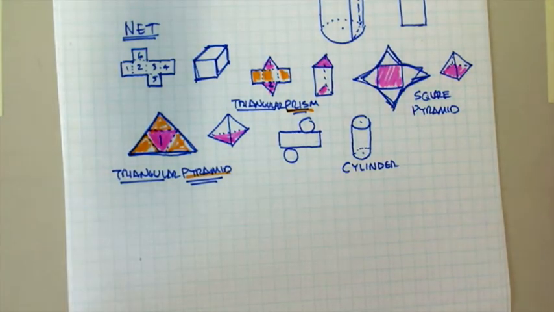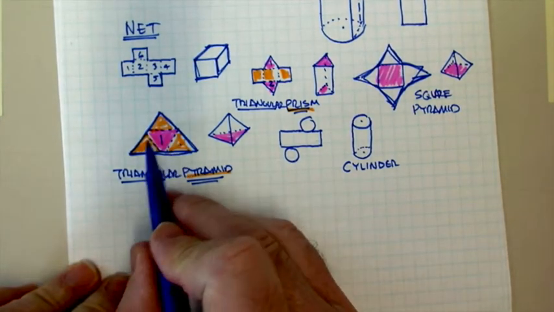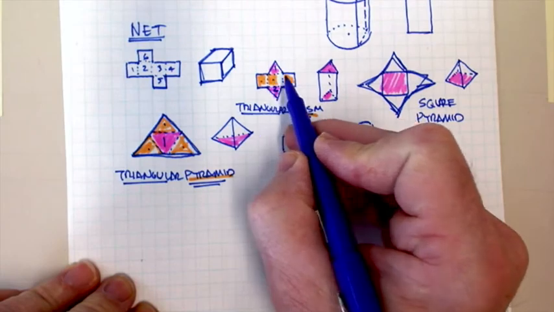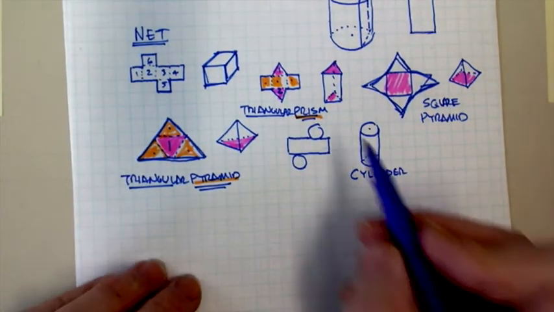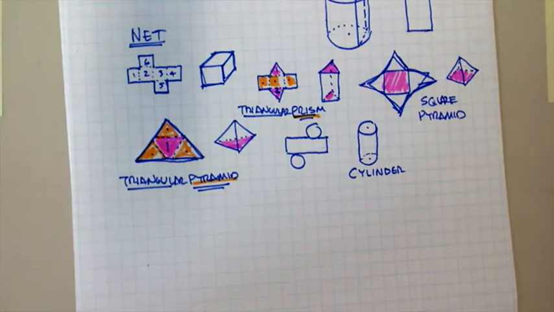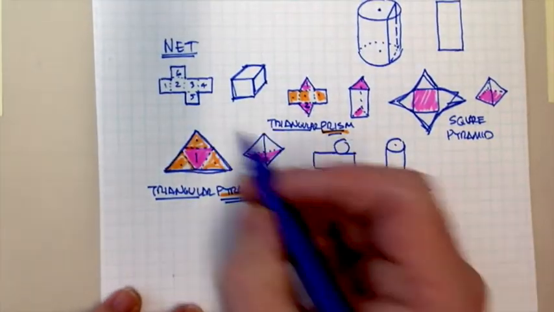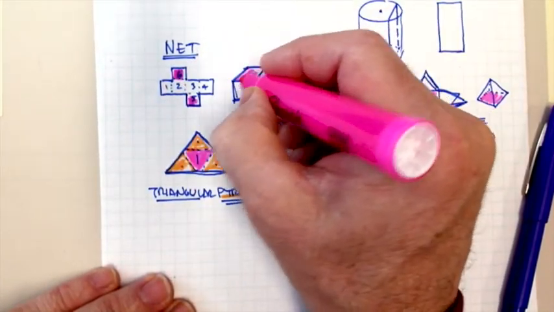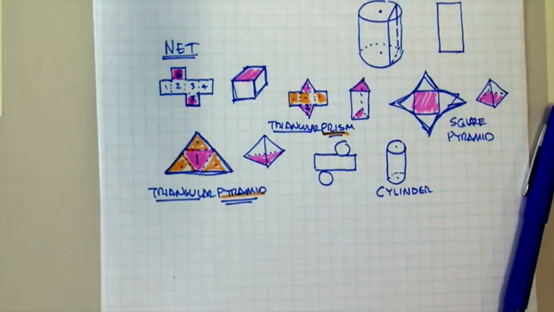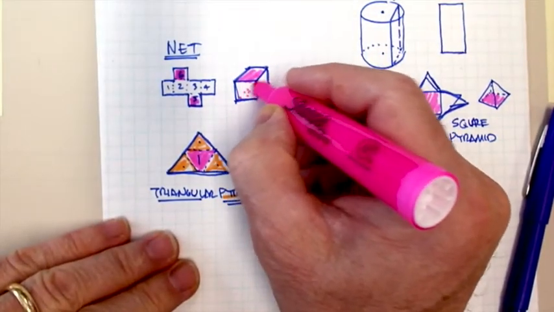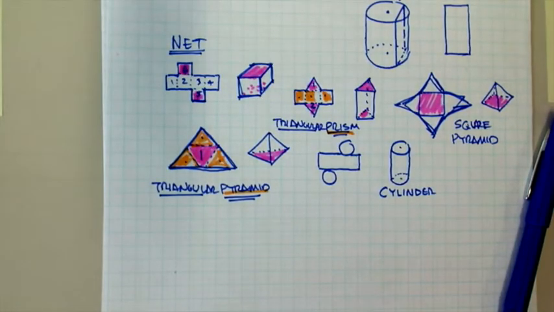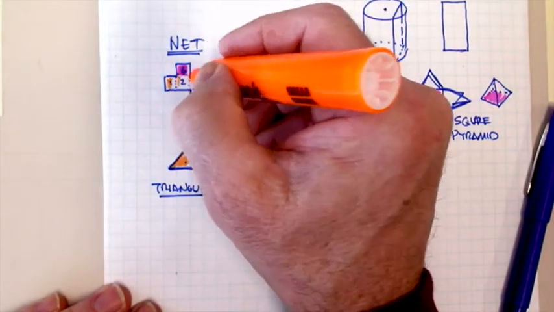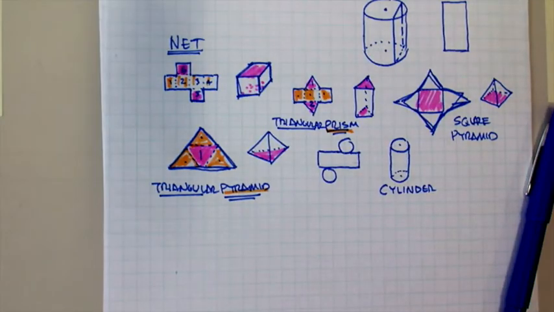A common thing between both of these is 1, 2, 3 triangles because the base had 3 sides, and 1, 2, 3 rectangles because the base had 3 sides. If the base had 4 sides, like in this shape right here, we see a base here, and of course the other one's hidden. I can dot that in, I guess, so you see it. Those have 4 edges, therefore we have 1, 2, 3, 4 faces that wrap around this.